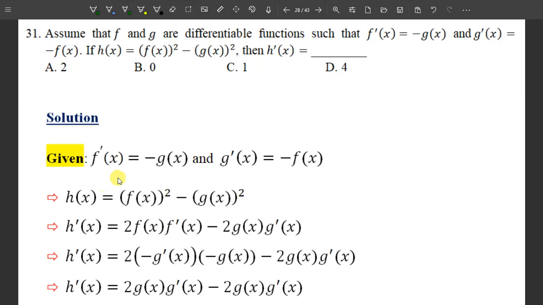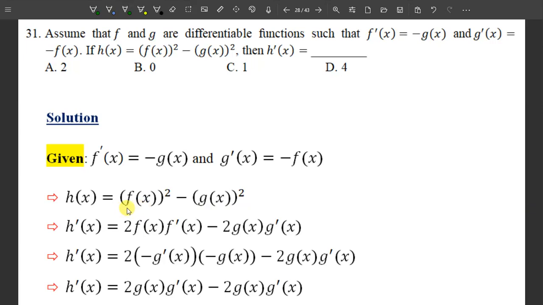Therefore, just differentiate both sides of the equation, which means when we derive h prime of x, we have to derive f of x squared minus g of x squared.